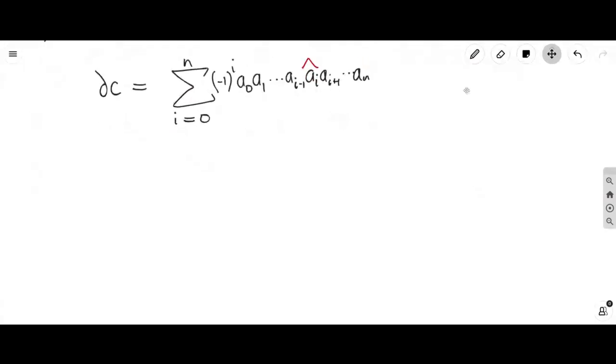To show you a very simple example, let's say our word is just AB. This is our simplex. Let me call it sigma, abusing notation a little bit, because technically sigma is not the oriented simplex, it's just a simplex, but let's just call this sigma.